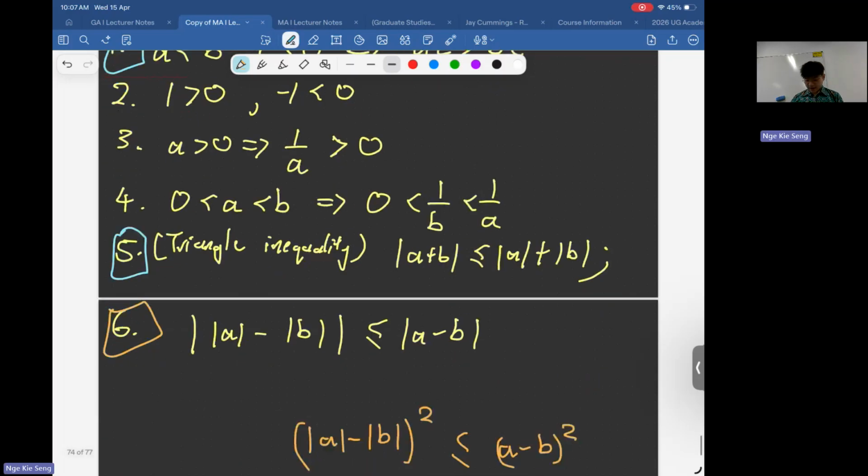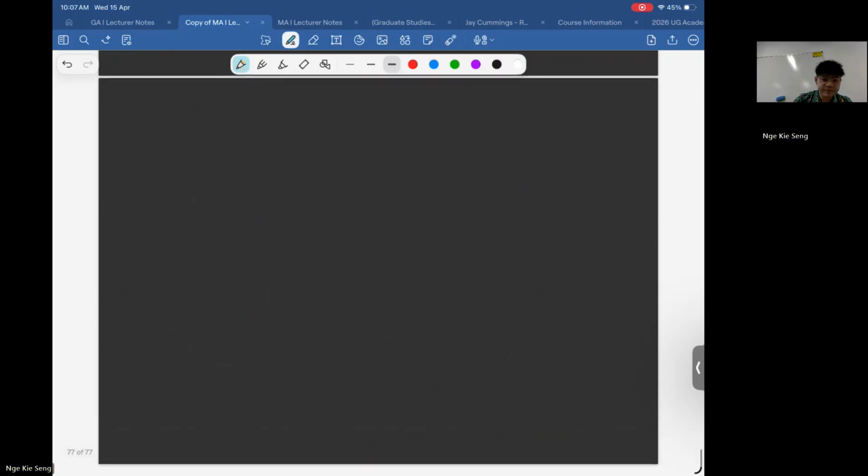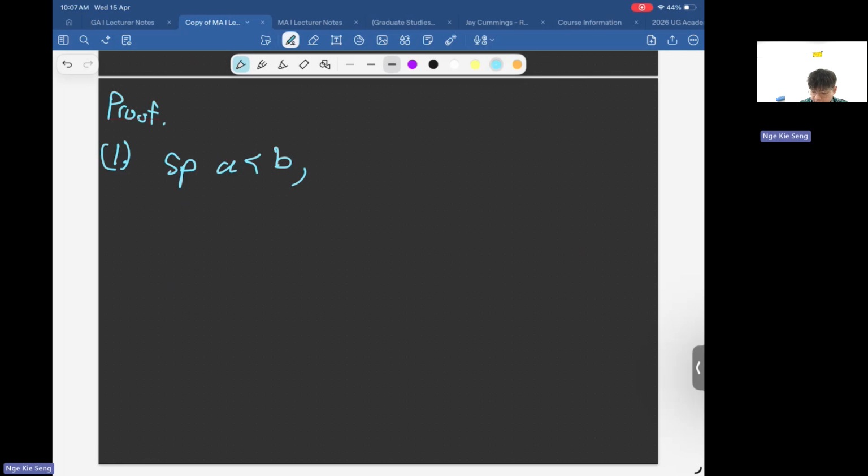So let's do the first one. Let's write down what we have and then write down what we want to prove. For the first one, suppose that A less than or equal to B and C less than or equal to 0, and then we want to show that AC greater than or equal to BC. All right, so what can we do here?